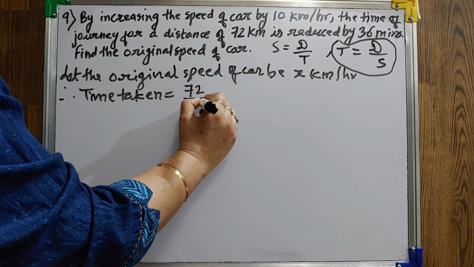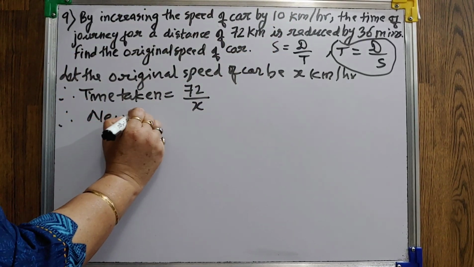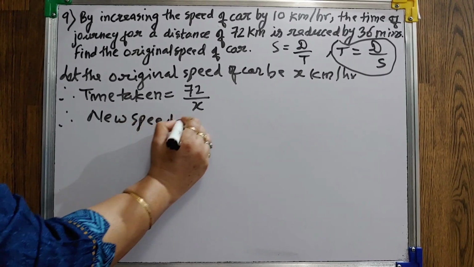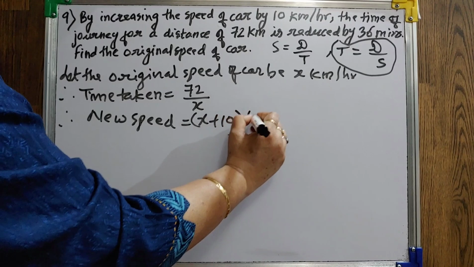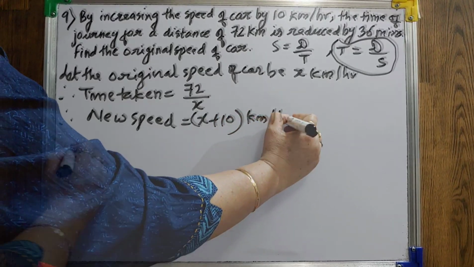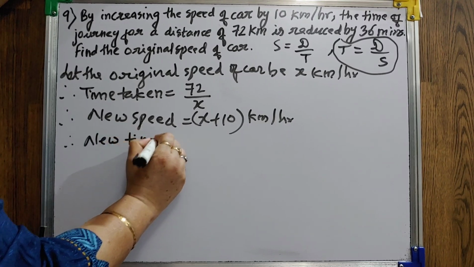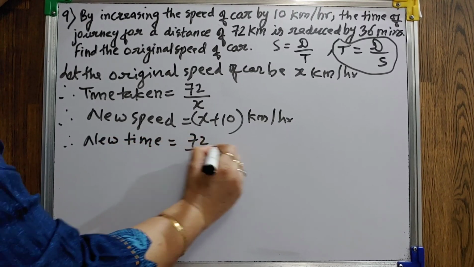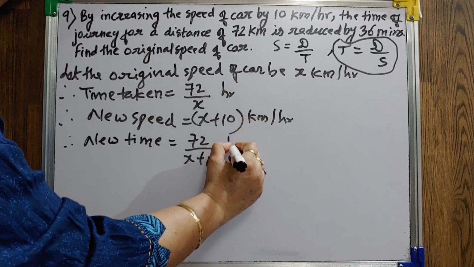Speed is x. Now, speed is increased by 10 km per hour. So, your new speed will be x plus 10 km per hour. Therefore, new time will be 72 upon x plus 10 hours.